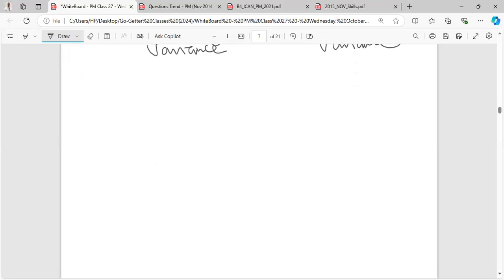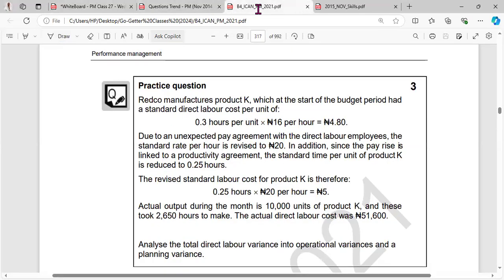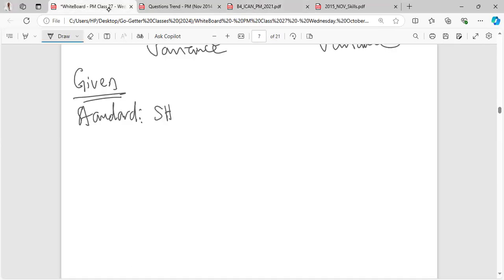So let's look at what we are given. We are given standard. Standard hours is 0.3 hours.